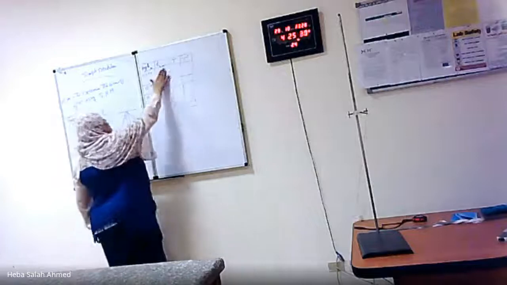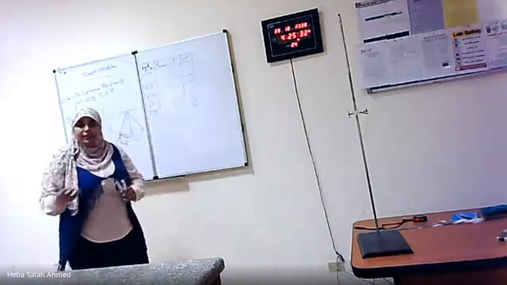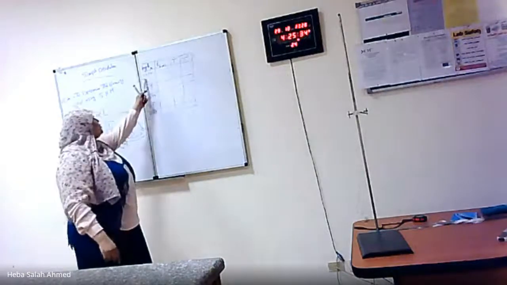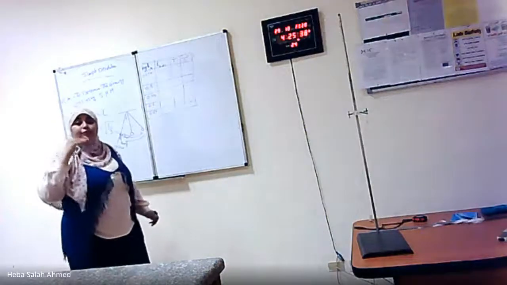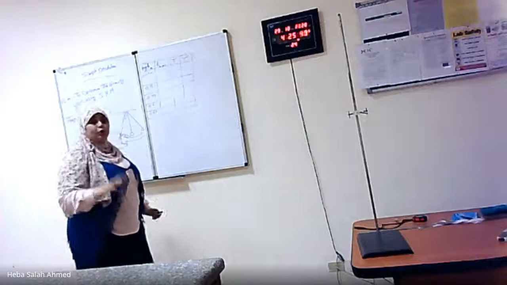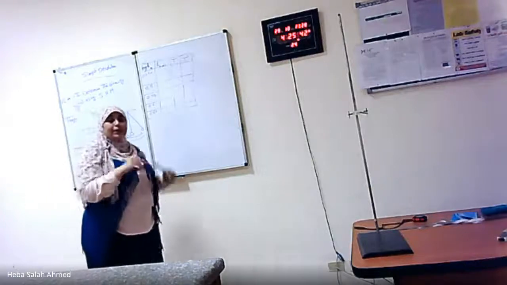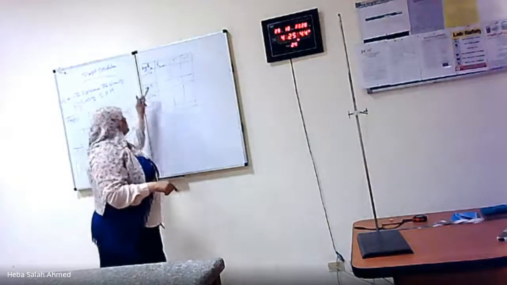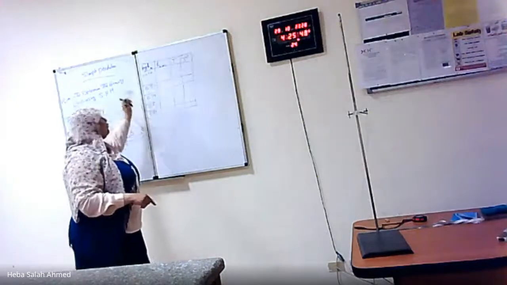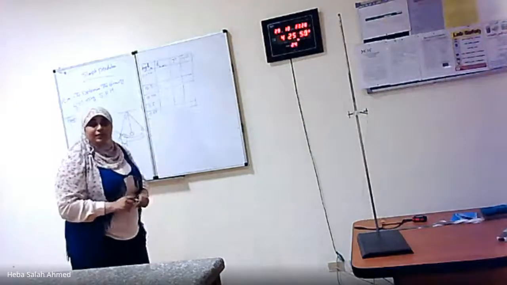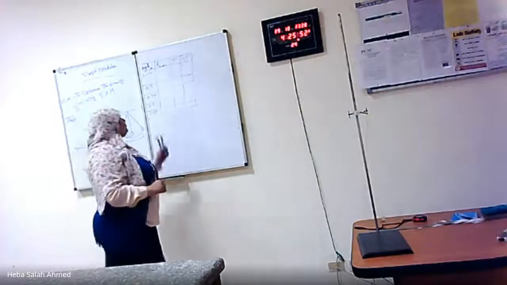For some reason, which I'm going to tell you later, we have started from length 0.45, moving 5 centimeters each time. We need 5 points to make a straight line. So we started from 0.45, counting 1, 2, 3, 4, and 5. We stopped at 0.65.